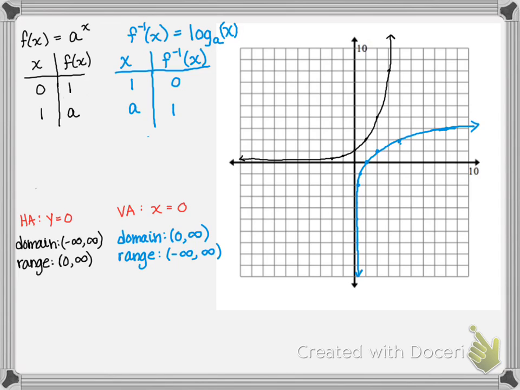Whenever you're asked to graph an inverse, just graph the original function and then swap the x's and y's. That's easier than figuring out what the inverse is and then graphing that separately. If you can come up with the graph of the original function, like a nice little table like we did, and then just swap your x values and y values, that'll give you the graph of the inverse. And that's probably the easiest way to graph those inverses.